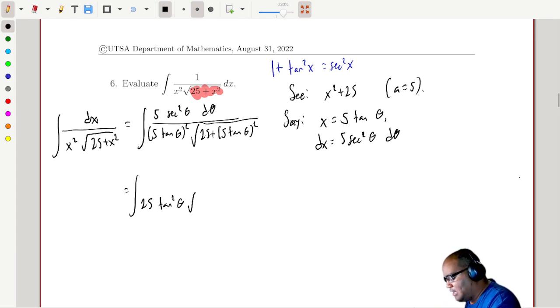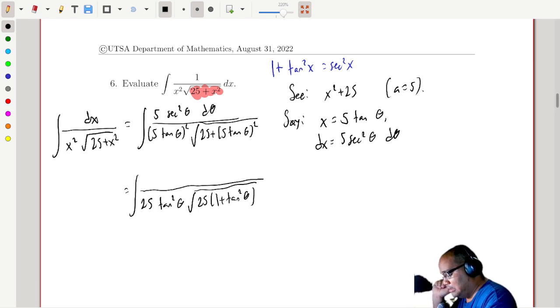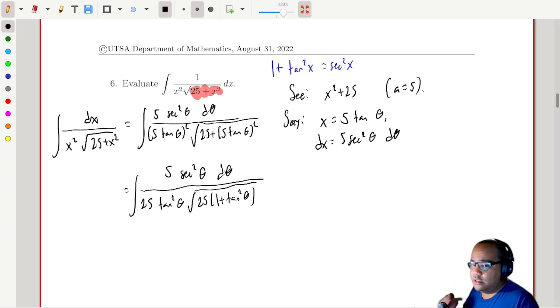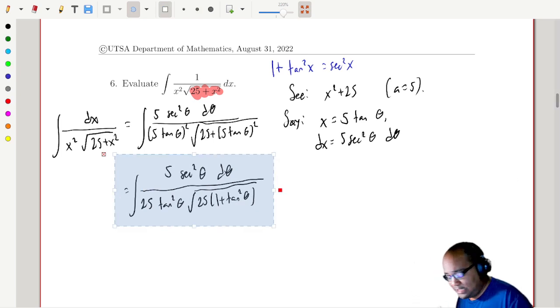Oh, I can factor out the 25. Hey, take a look at what happens. You see now why we use that? Because we force a 1 plus tangent squared. On the top here, 5 secant squared theta d theta. I'm just going to copy and paste because I am lazy.